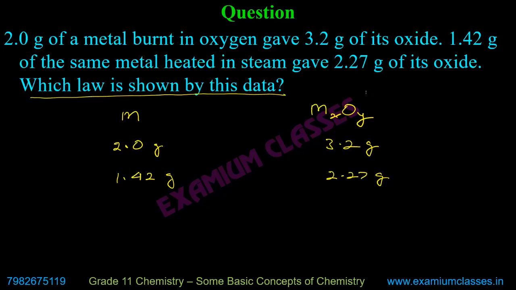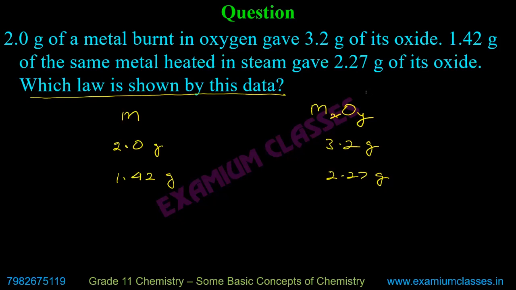The concept here is the law of constant composition. But how will you identify it? The approach is the same for both, so listen carefully. You will always consider the metal, or one part, as 1 gram.